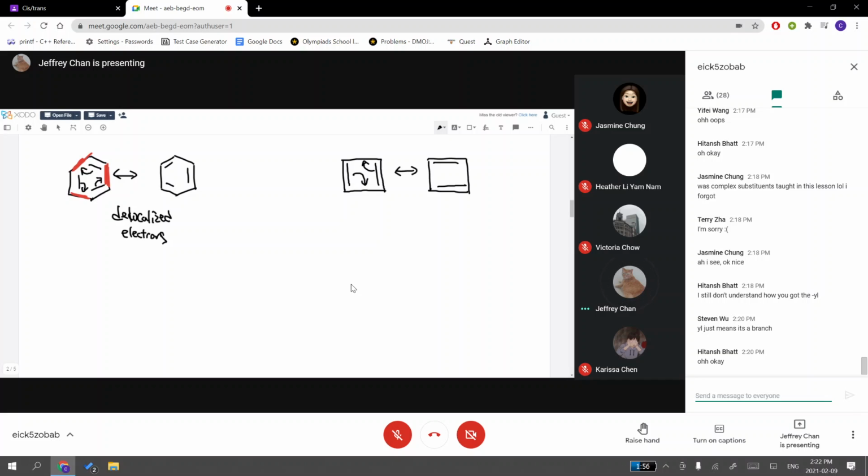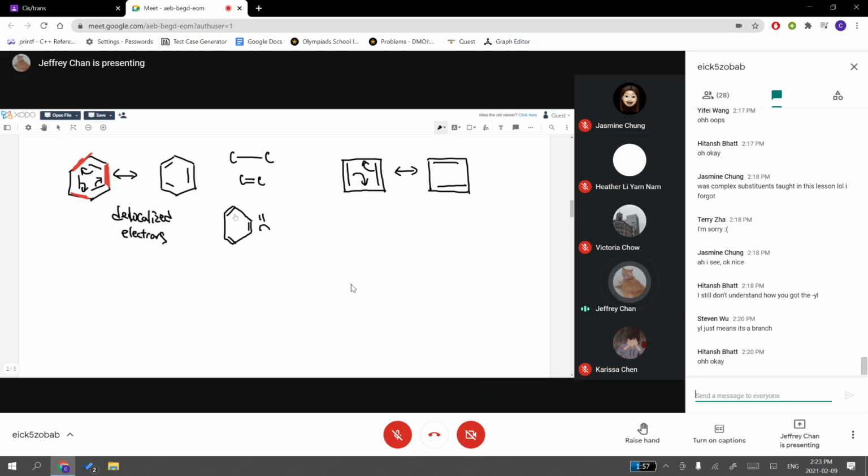And it's cool because the data that we find in regards to the bond length is quite amusing, because carbon-carbon single bonds are much longer than carbon-carbon double bonds. So if we draw this, it looks kind of weird, right? Because you've got something short, then long, then short, then long, short. So it looks something like this, which is super weird.